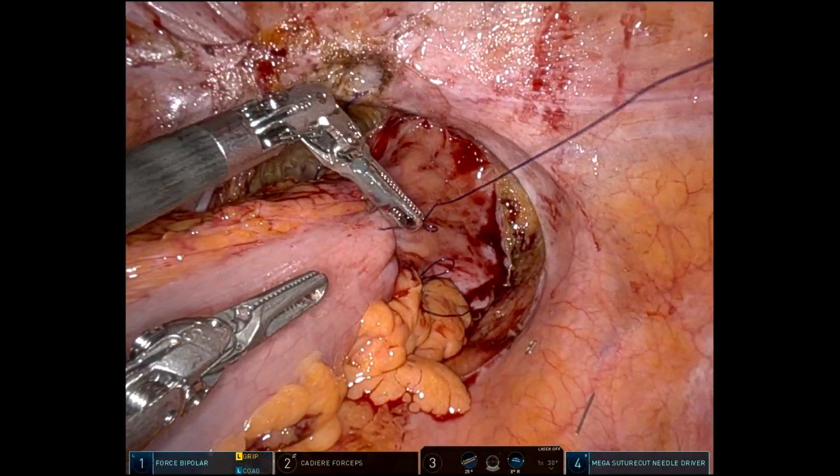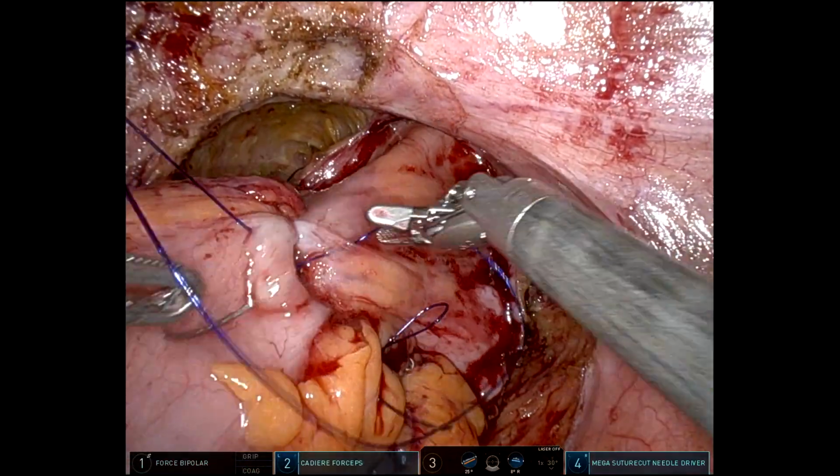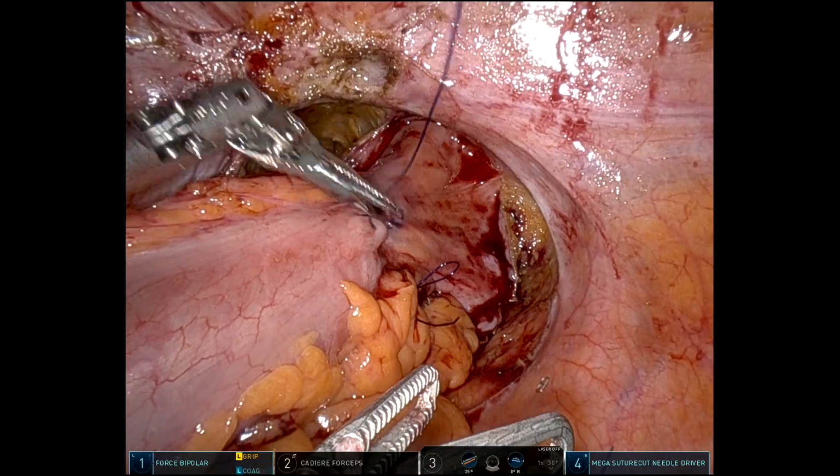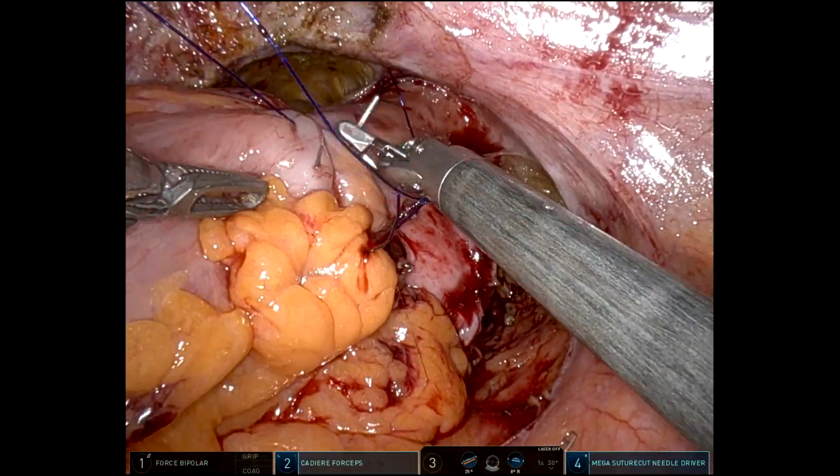Just bringing it all the way around to the original tie on the posterior side, so that when these two are tied together, it's truly circumferential.